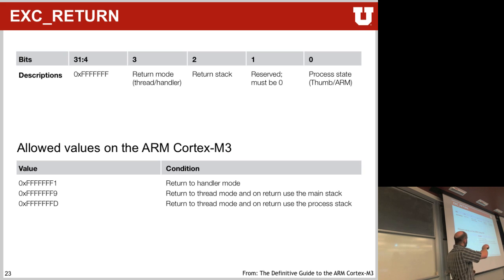If it's a 1, it will return to handler mode. So we preempted somebody, and we have to return to another handler mode before we can go back into thread mode. If it's a 9, it will return to thread mode using the main stack. If it's a D, we will return to thread mode but with the process stack. So there's a little detail there.